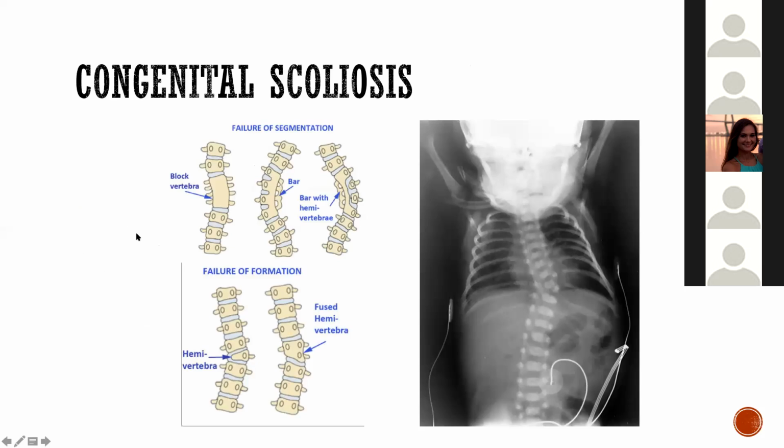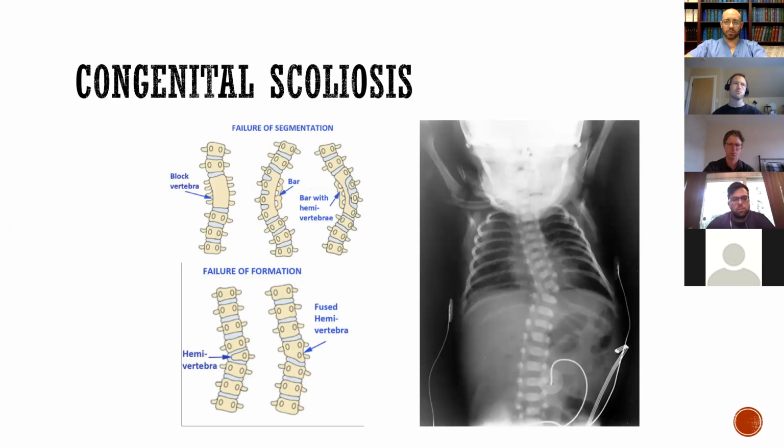This is just an example, a picture description, of what congenital scoliosis is. You see a curve in the spine because either the vertebrae didn't segment and you have a bunch of them fused together.